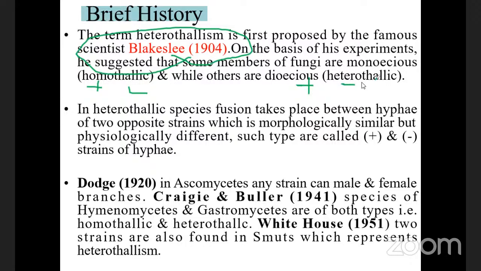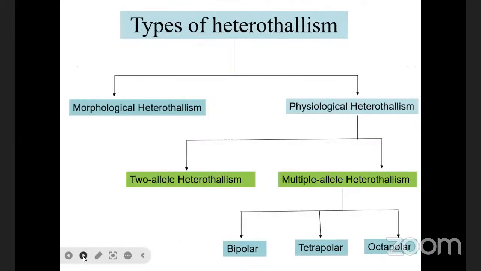In heterothallic fungi, fusion takes place only between the two opposite strains, as I already told you, between the plus and minus, not between two plus or two minuses. In Ascomycetes, any strain can be plus or minus.